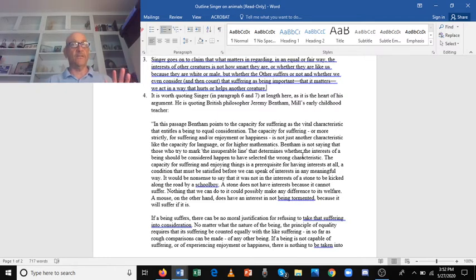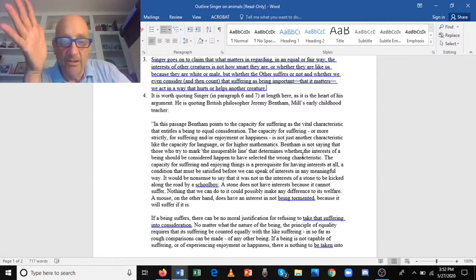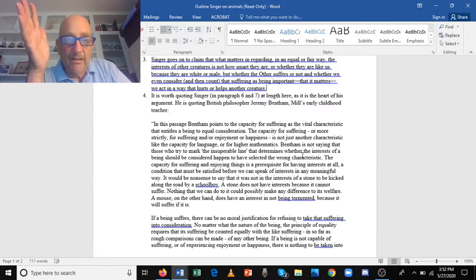My dog doesn't get to vote, that's Singer's example, but actually consider everyone equally if they can all suffer. The capacity for suffering, or more strictly for suffering and enjoyment, isn't just a capacity like language or math.